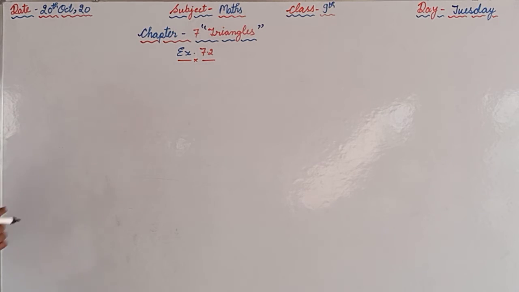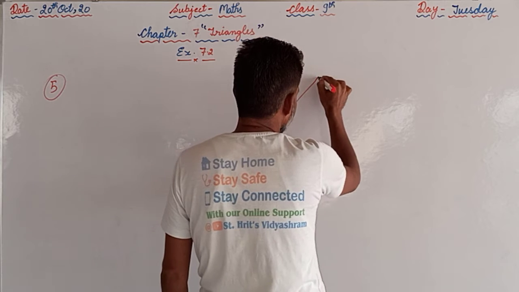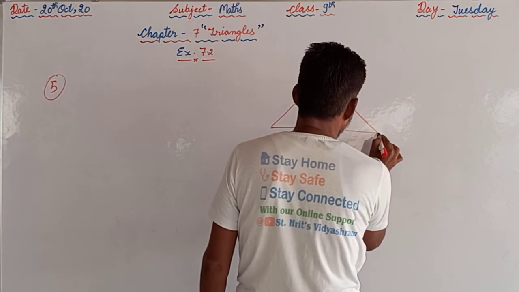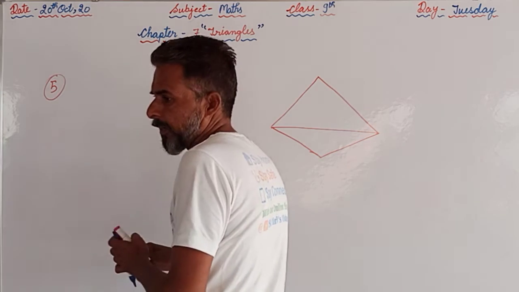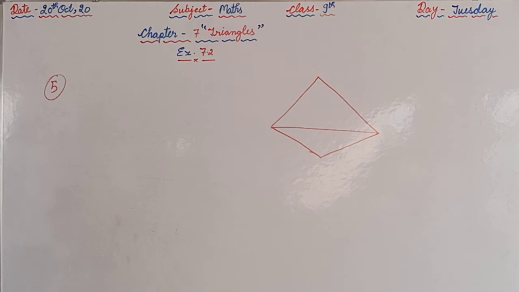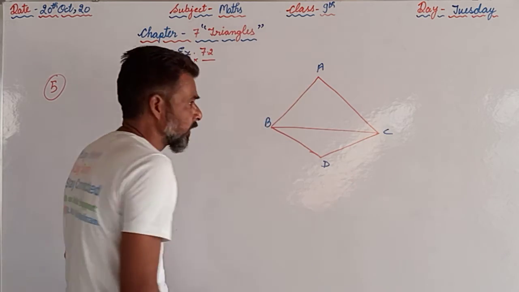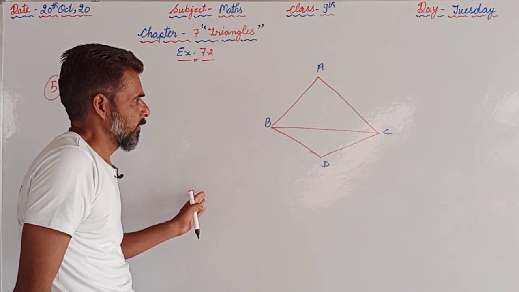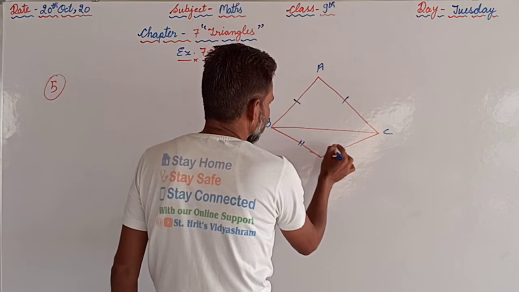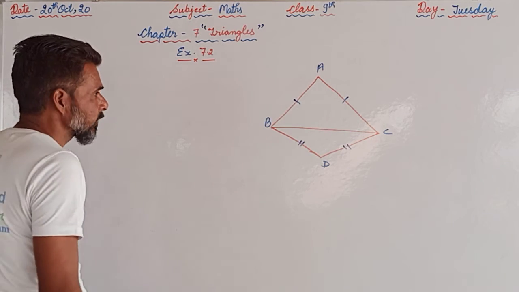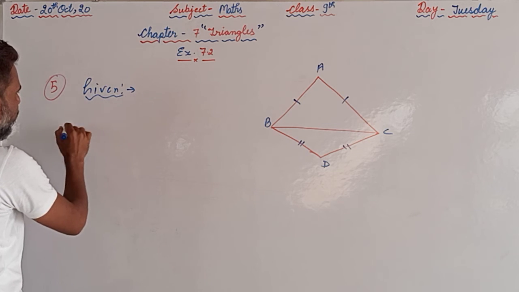In question number 5, two isosceles triangles are there on the same base, and the name is ABCD. It is given that two triangles ABC and BDC are on the same base, that is BC, and both the triangles are isosceles. Now these are the given things you have to write, then you have to write to show or to prove.